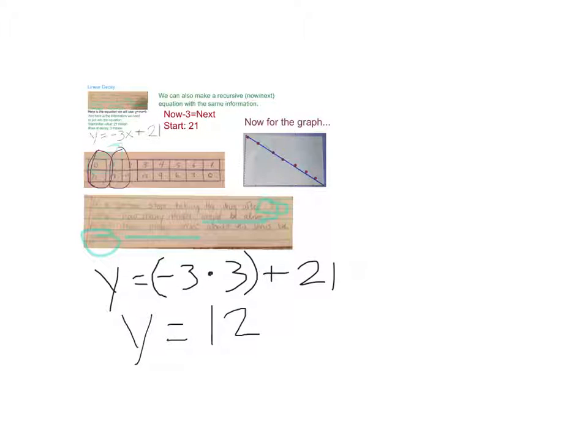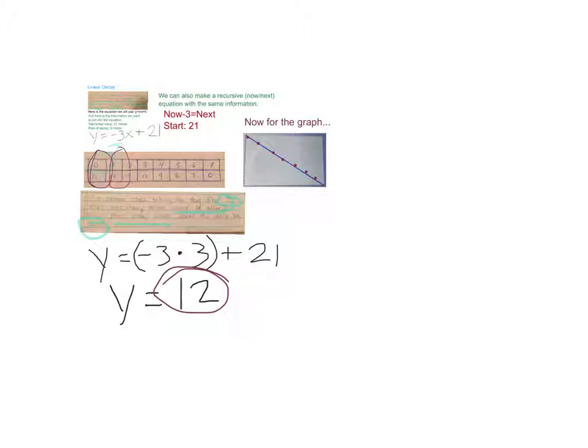So that means that there would be 12 million viruses left after 3 weeks. We could have also looked at our table of values and seen that after 3 weeks there would be 12 million viruses left.